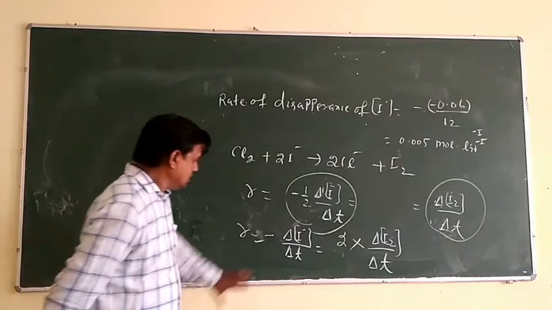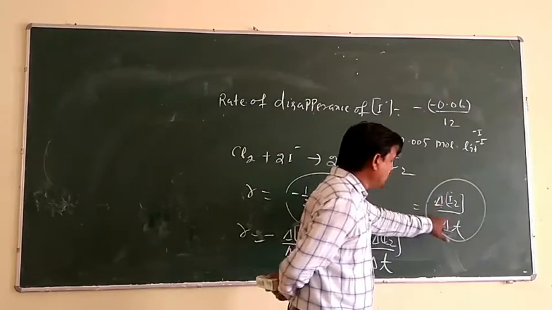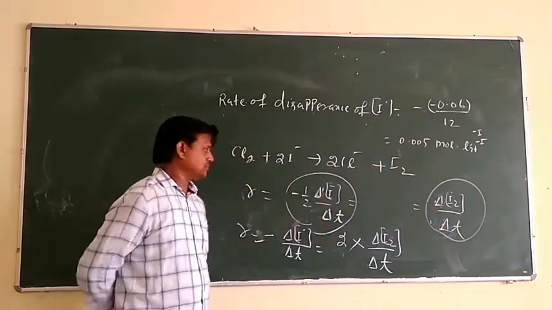Then in this we can write del I2 by del t equals minus half del I minus by del t.